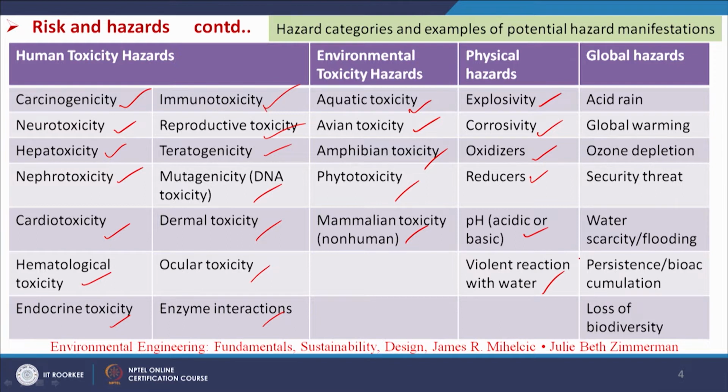So, those are global warming, ozone depletion, acid rain, security threat, water scarcity, flooding, persistence and bioaccumulation, loss of biodiversity. So, these are the different types of hazards that have been classified or categorized. Now, we will see how we will do the risk analysis.